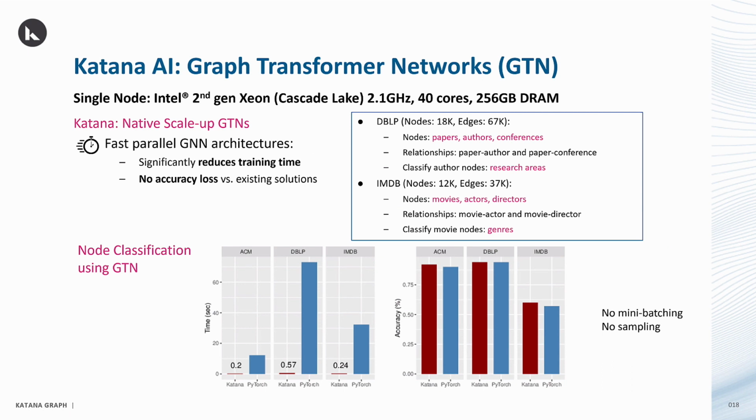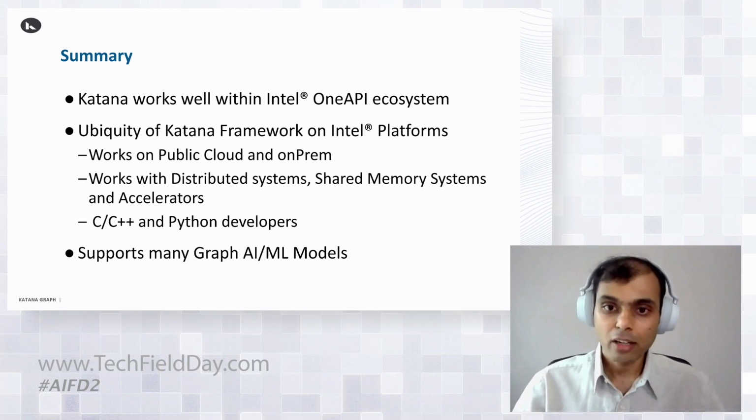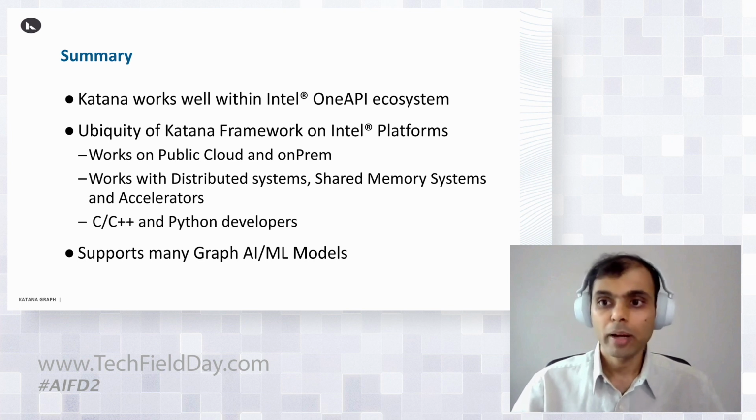Thus, Katana, along with Intel, is able to provide both scale-up and scale-out solutions for Graph AI. We hope we have convinced you that Katana, in collaboration with Intel, is working well within the Intel oneAPI ecosystem and is providing novel and effective Graph AI solutions. There is a ubiquity of the Katana framework solutions on Intel platforms.